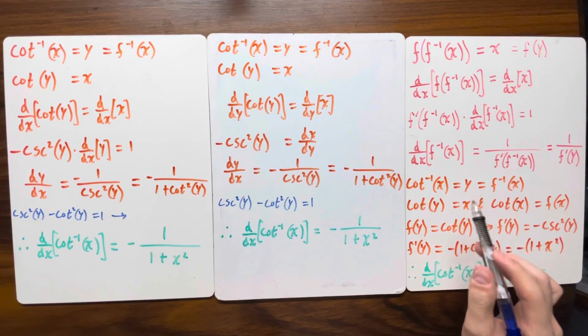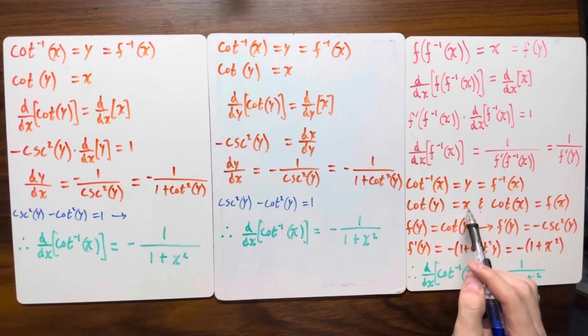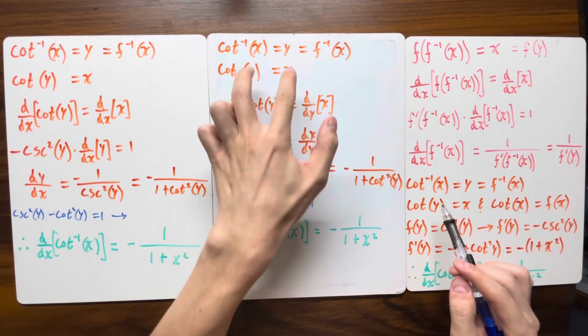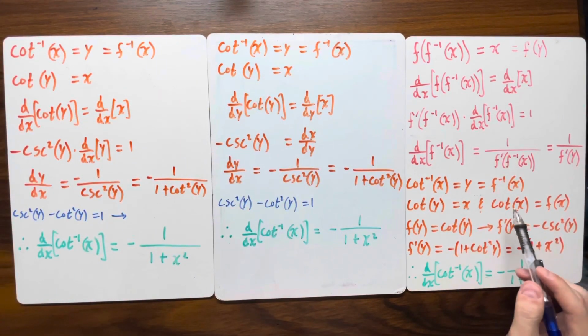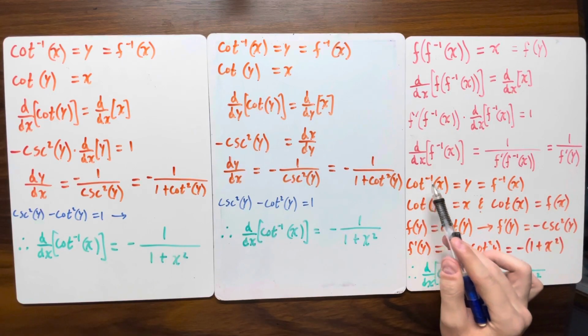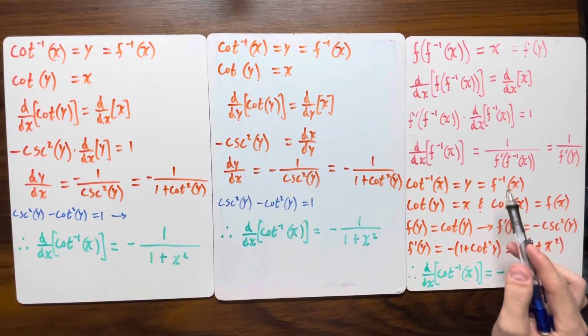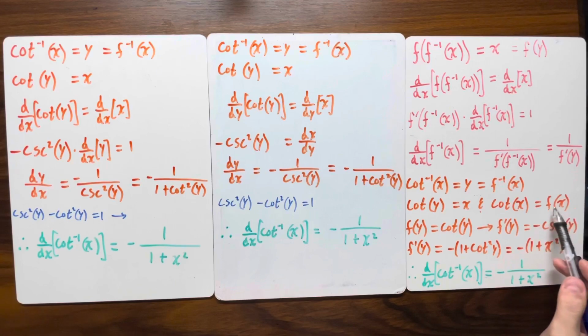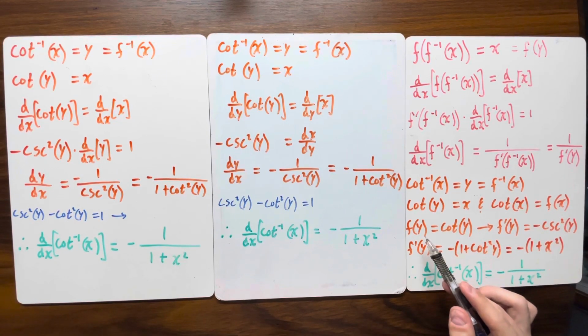Well, if this is true, we can say that cotangent of y is equal to x. Same thing how we did over here and over here. But even more so, we can say that cotangent of x is equal to f of x, because we know f inverse of x is equal to cotangent inverse of x. So the original function, cotangent, is equal to the original function, f of x. But we don't want f of x, we want f of y.